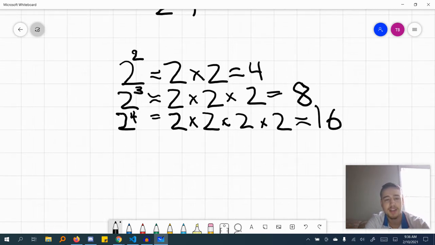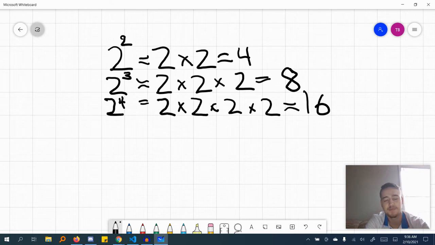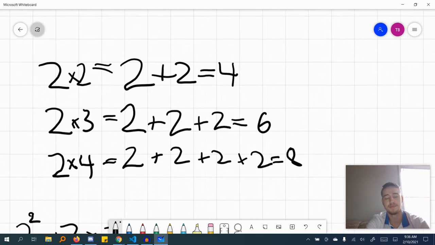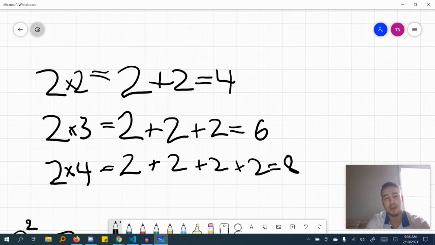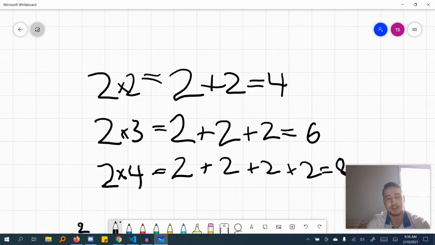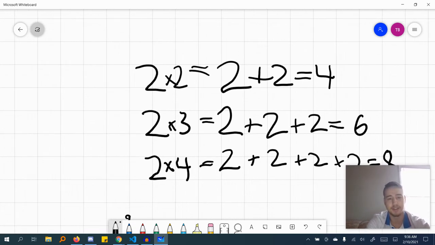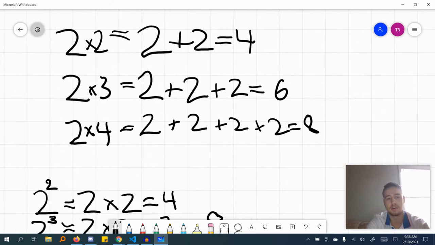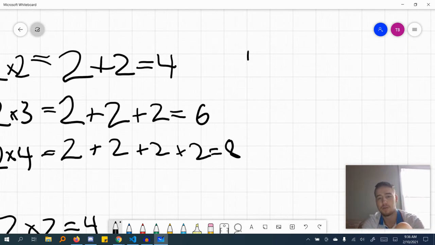So the next thing that we are going to do is try to undo these operations. So over here, the way that we can cancel a 2 times 2 is we can divide it by 2. So 4 over 2 is 2.